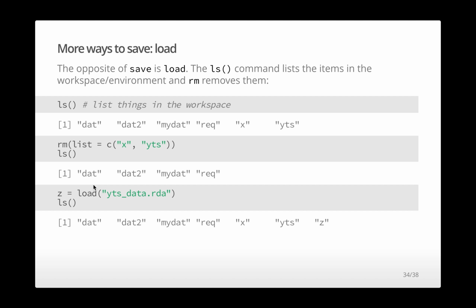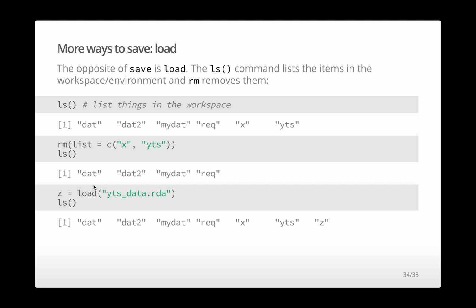You say rm list equals x, and let's say I also want to get rid of that youth tobacco survey data set. This is what I do, and now they're simply removed. They're not overwritten, they're no longer defined, so if I typed x at the command line prompt, it'll say, I don't know what you're talking about, we have no x. So we list everything out, we remove these two, and if you list it again, those two are removed.